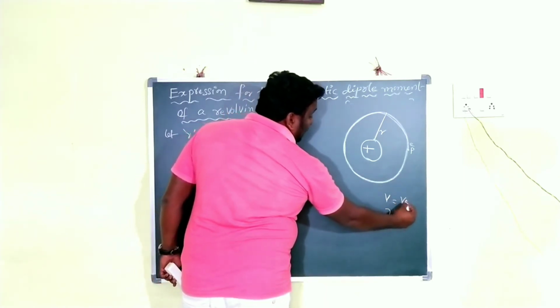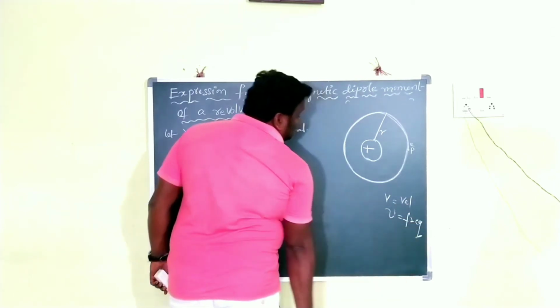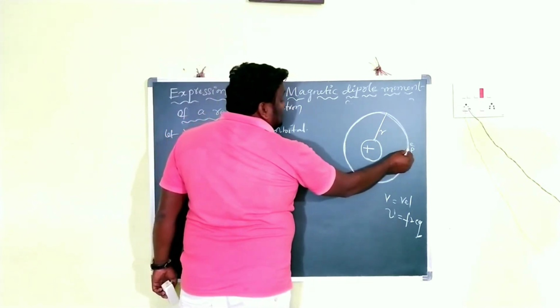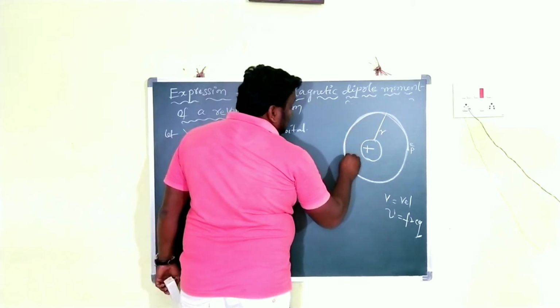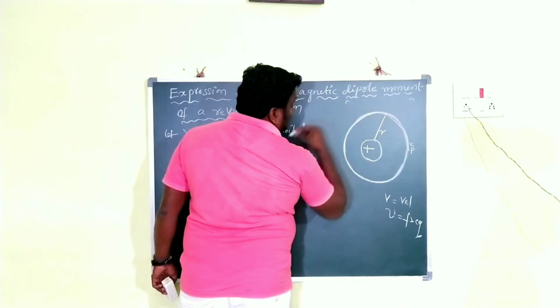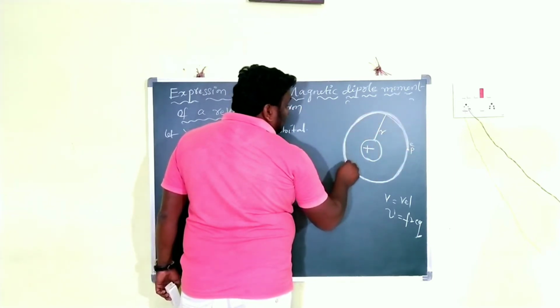V is the velocity and nu is the frequency, don't confuse them. Now, what is the distance traveled by the electron in one revolution? That is nothing but the circumference of the circle.